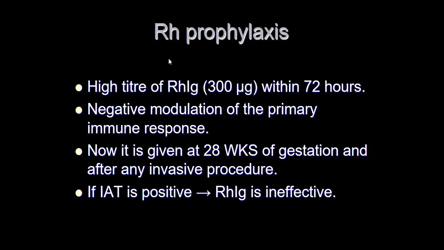So we have to do Rh prophylaxis for the hemolytic disease of the newborn. The way we do that is by giving a very high titer of Rh immunoglobulins. We give 300 micrograms within 72 hours.